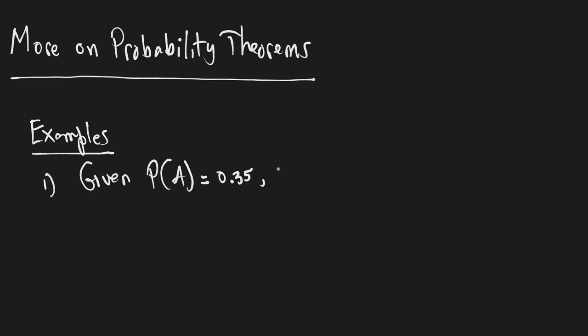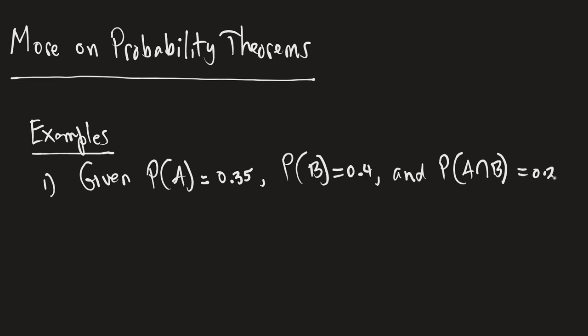Seems like a reasonable number. And the probability of B is 0.4. And let's say we have one more bit of information. We know the probability of the intersection of A and B is equal to 0.2. So that's given.